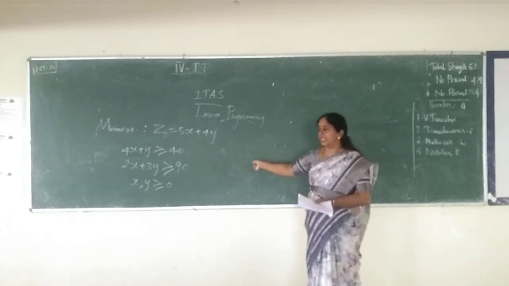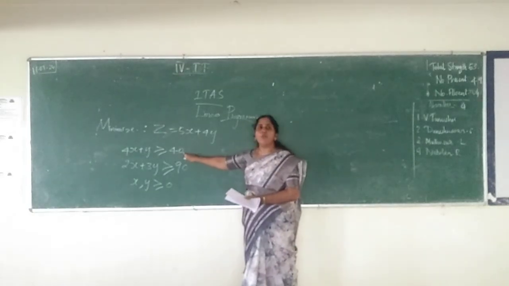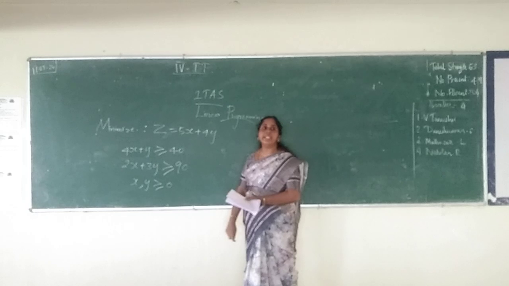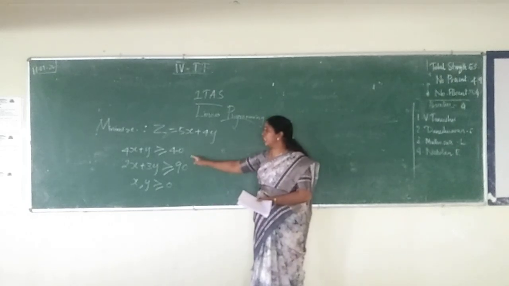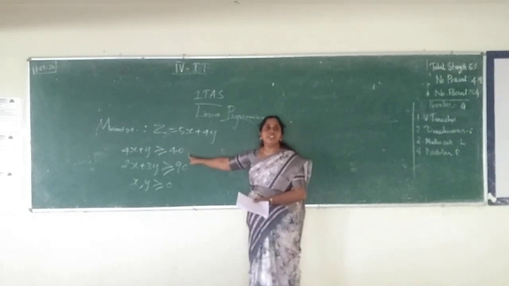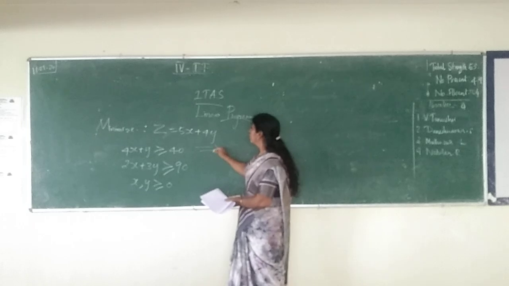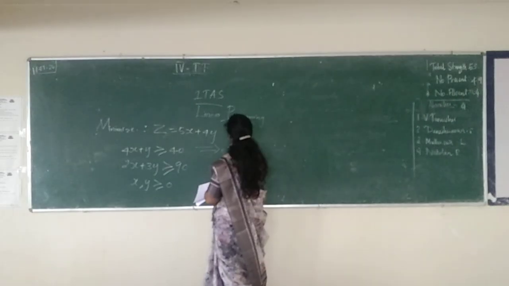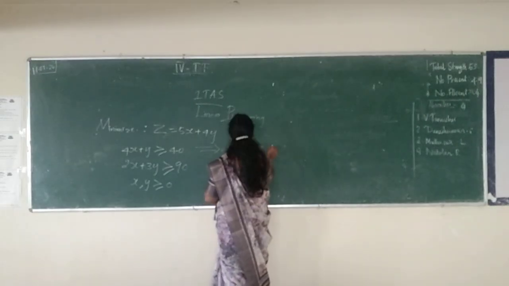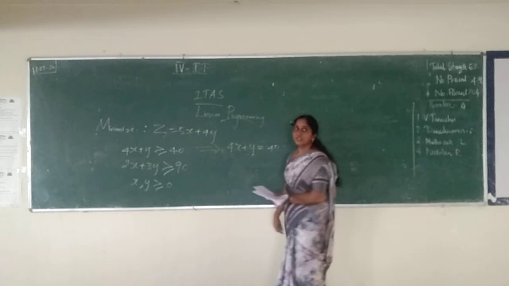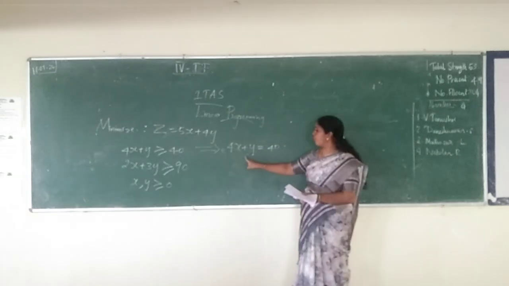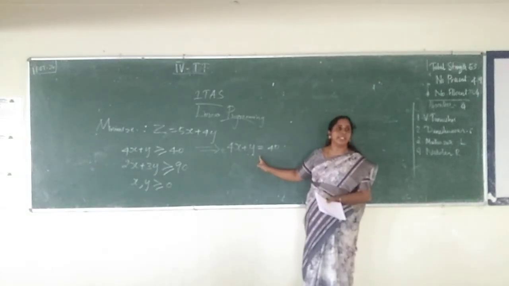First, consider the first equation, 4x plus y greater than or equal to 40. Take this equation as 4x plus y equal to 40.